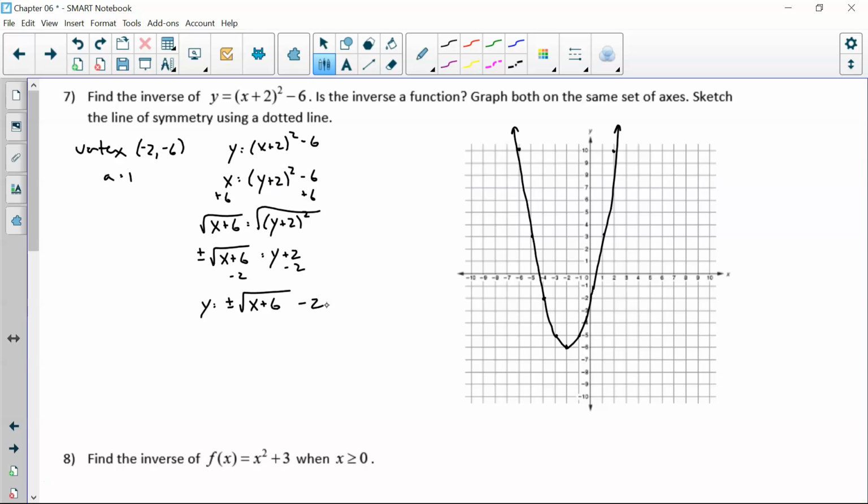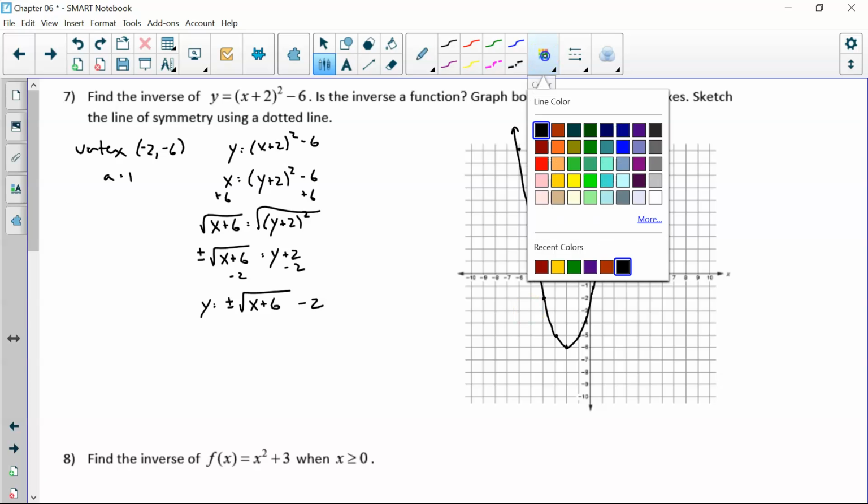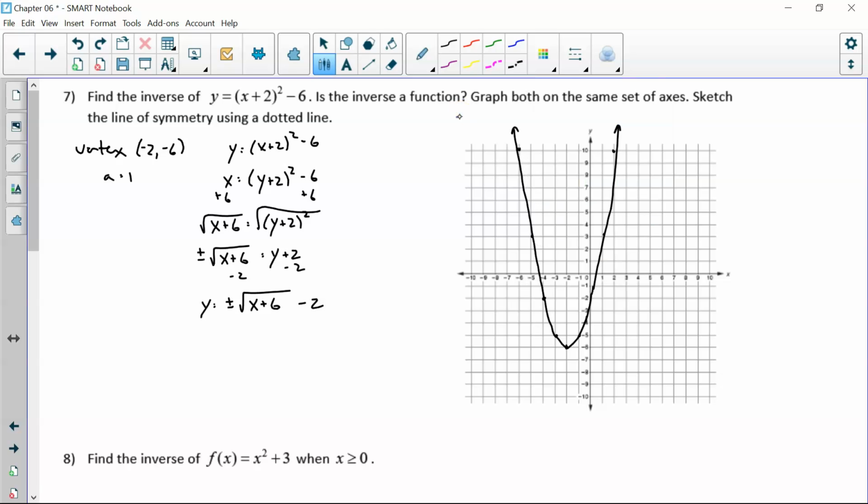So we plot those points. We're at -6, -2, and here's our points.